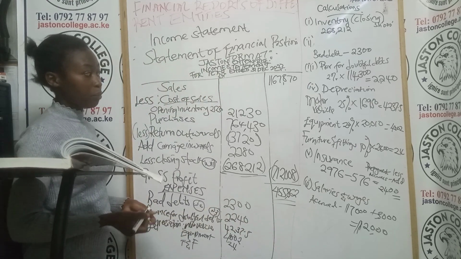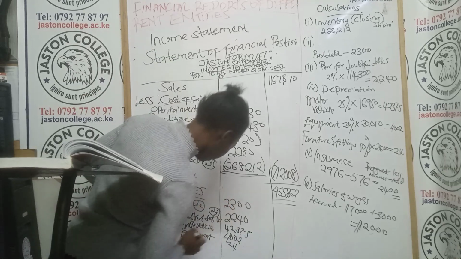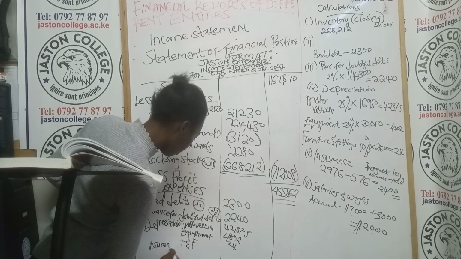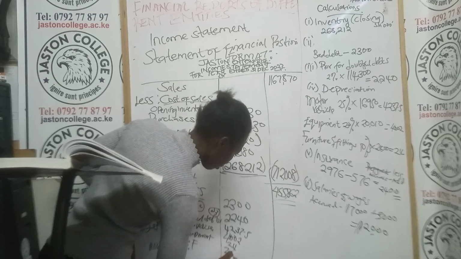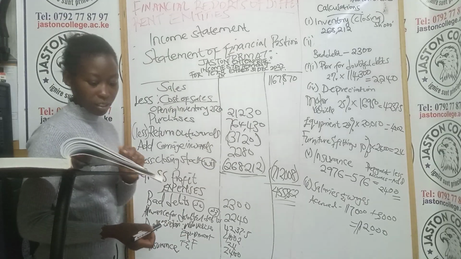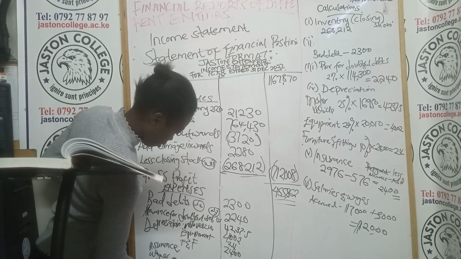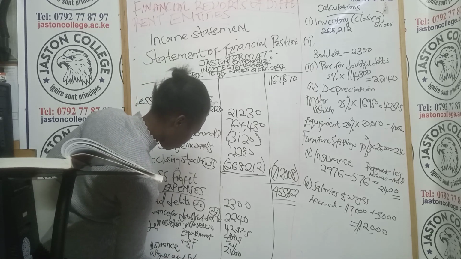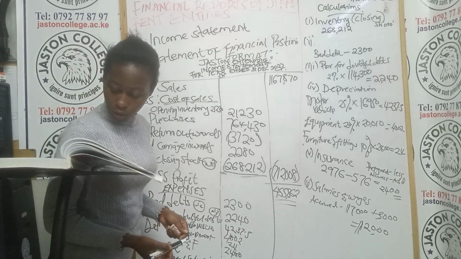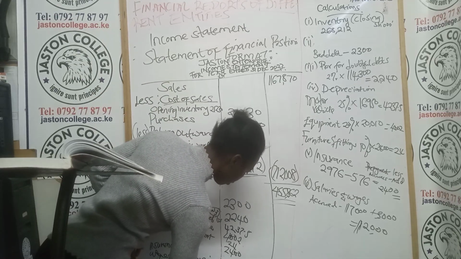Then we also had prepayments, and that is insurance. Insurance is an expense, which is 2,400. We also have wages and salaries, which is 120,000.